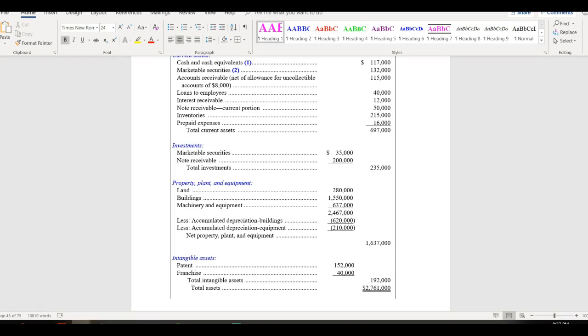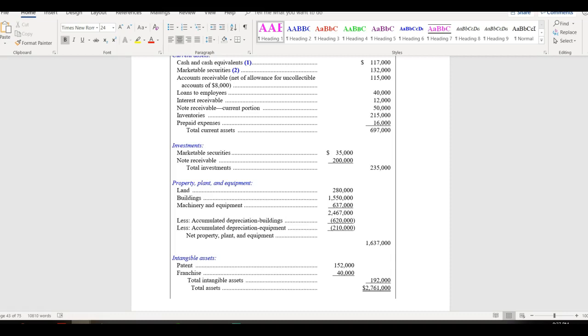for our total current assets of $697,000. Now, investments would show only marketable securities here of $35,000, note receivable of $200,000, for our total investments to be $235,000.